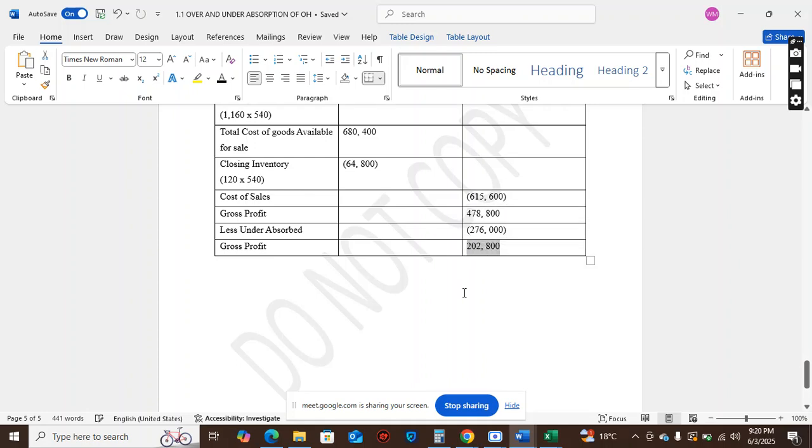Have you seen the same profit? 202,800. So when overheads are under absorbed, it means cost of sales is understated and gross profit is overstated. With cost of sales, you add since it's understated. With gross profit, since it's overstated, you need to subtract.